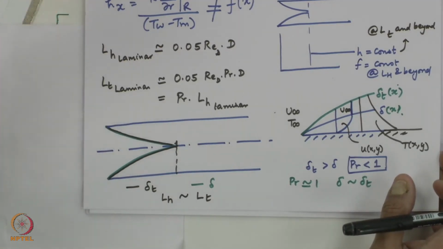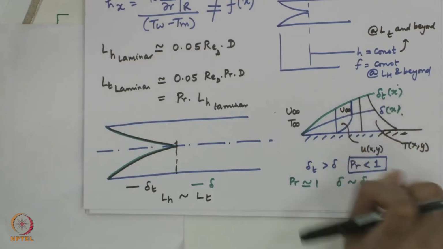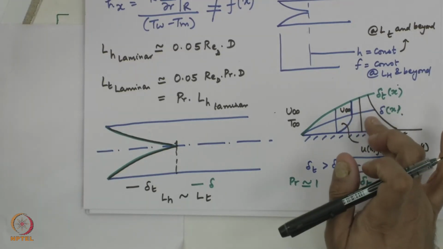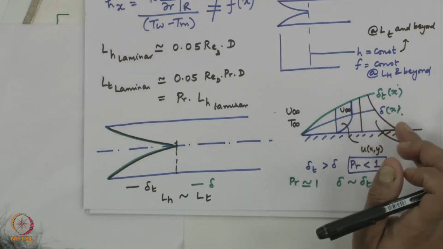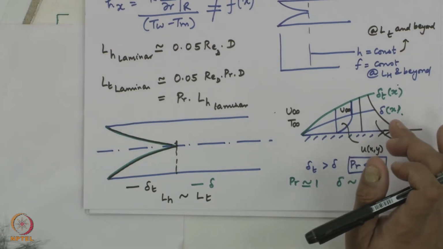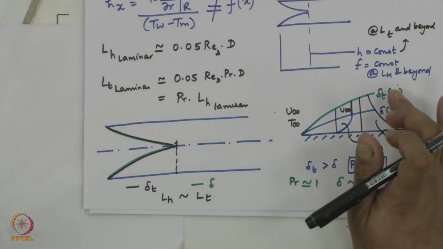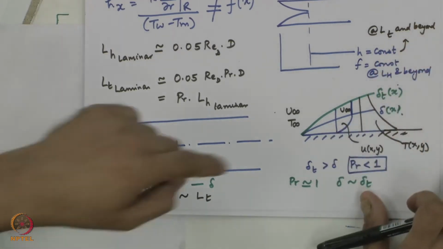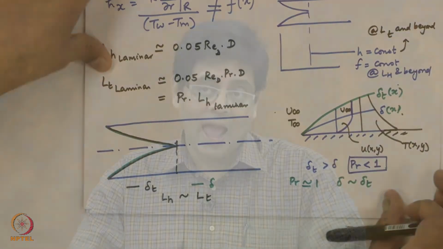The u was a constant u infinity instead of a variable u which was used here. So, the splitting of the region of the flow field into 3 parts, 0 to delta, delta to delta T and beyond, was made possible, and simplifications were possible because of this idea of Prandtl number.